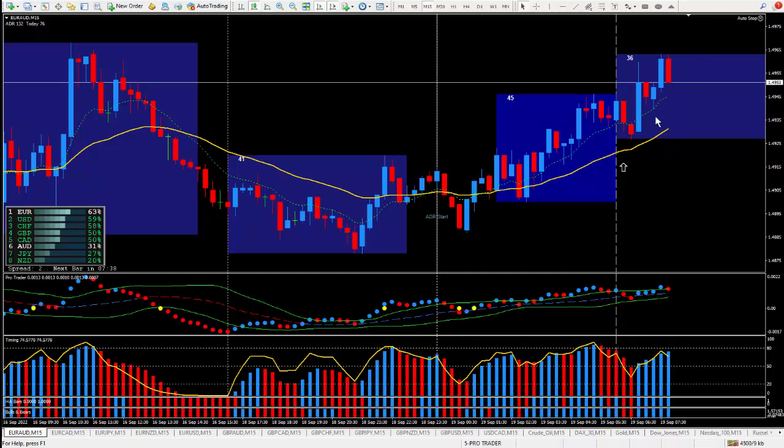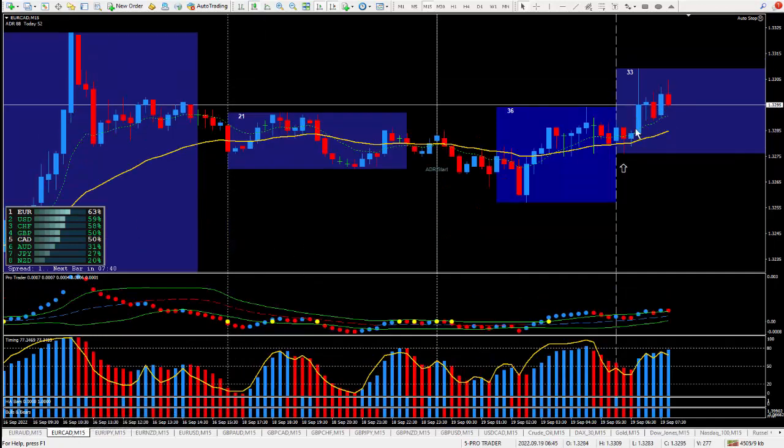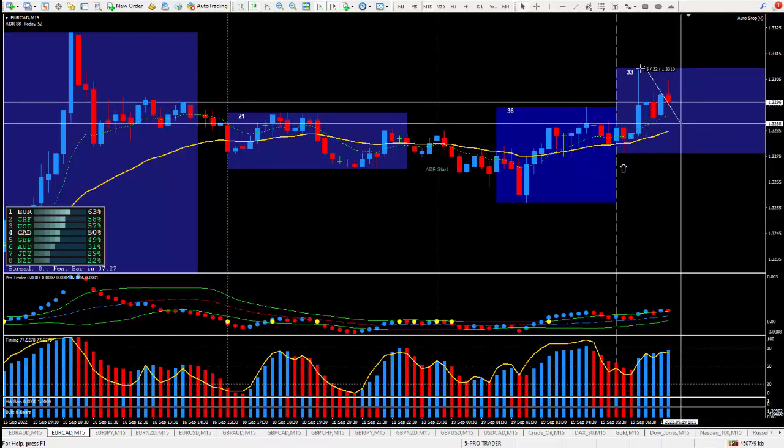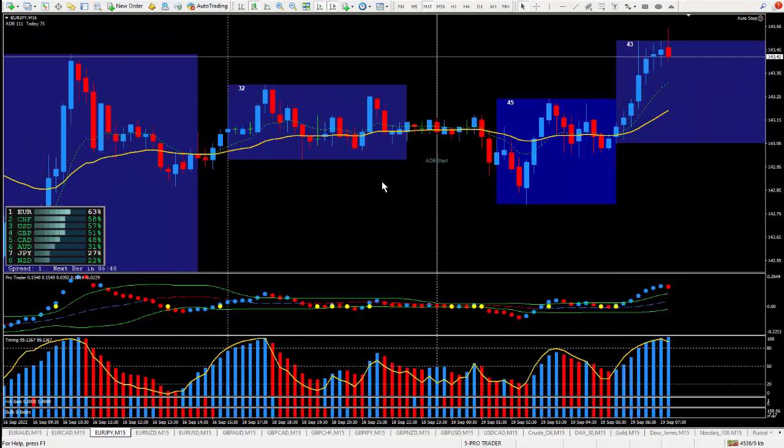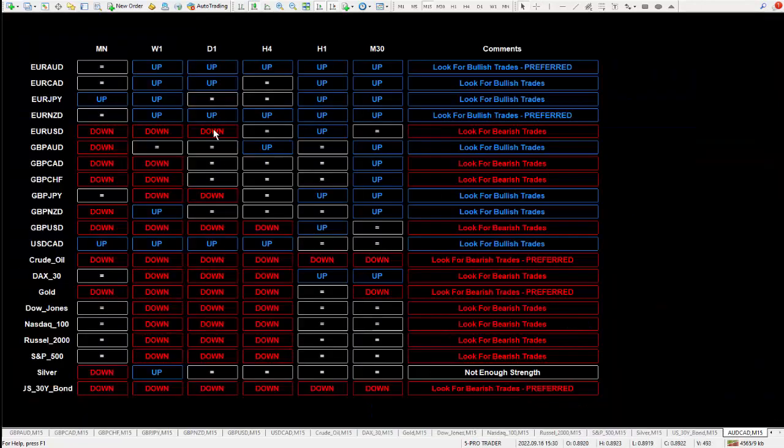Now in the next one here, this Euro CAD, same idea. Doing a slight pullback. If it comes to around here, you want it to break this, which is 20 pips, and up to there is like 34. And now as you can see on the Euro Yen, I was just taking a look at that. It was bearish at one point, especially on my daily trade plan, the one I made.